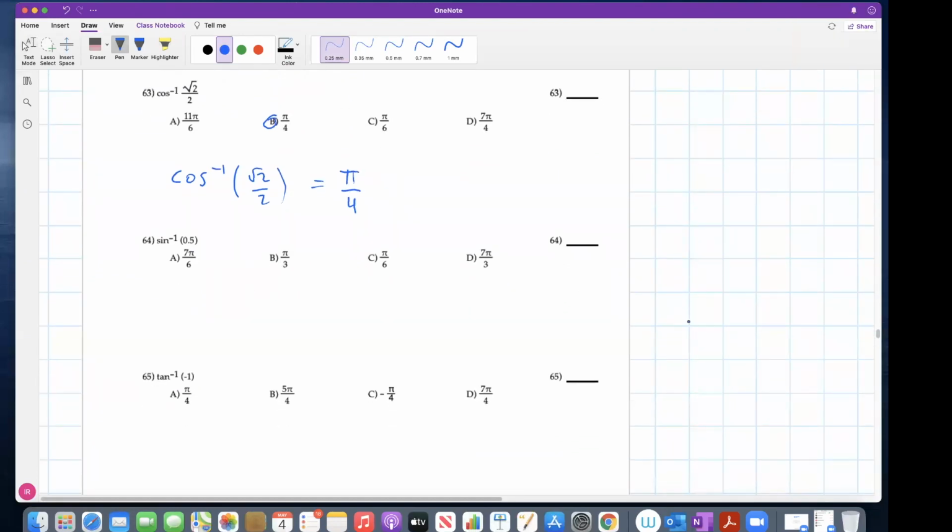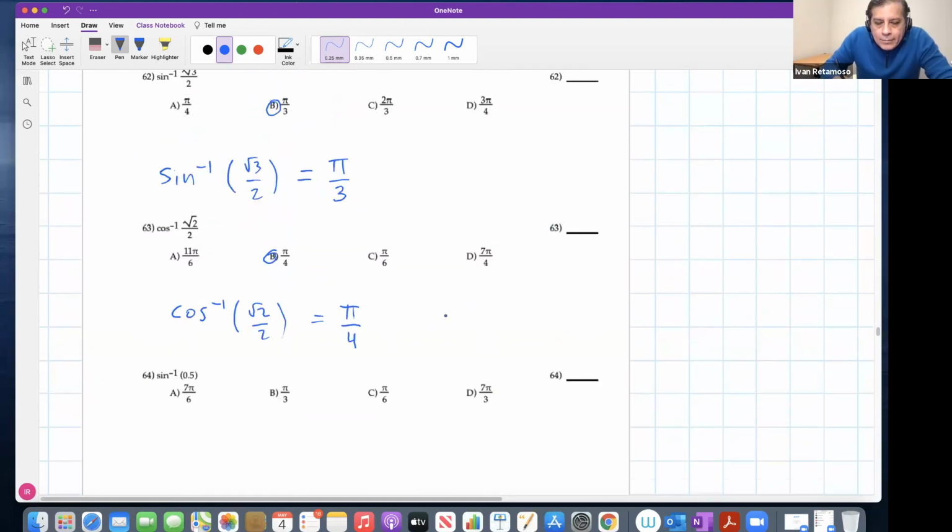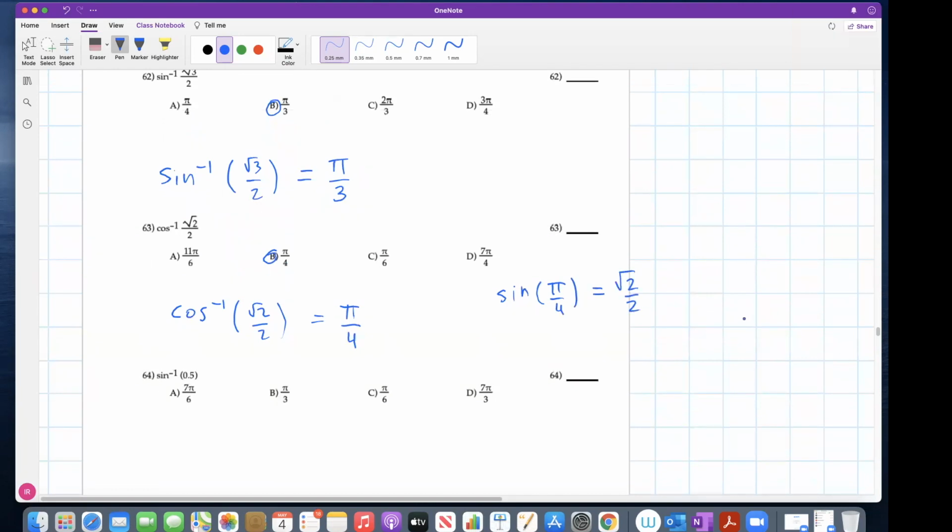Professor, I think I forgot. What is it that the inverse does? What the inverse does is this. Think about sine of pi over 4. What is that according to the unit circle? It is the square root of 2 over 2, right? That's cosine also. We're working with cosine here, so let's write cosine.